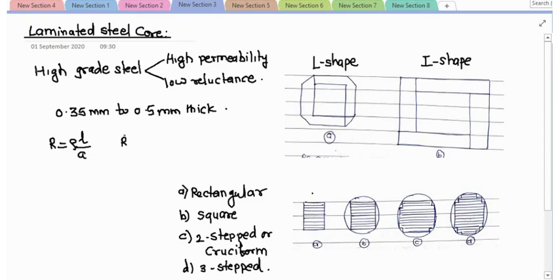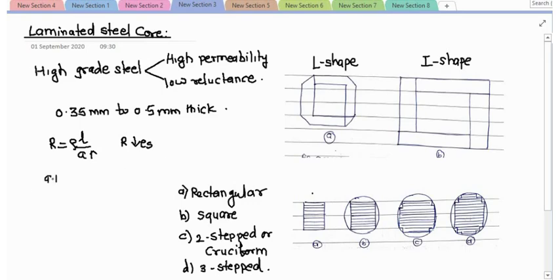So A increases means resistance will decrease. Means the opposition provided by your magnetic core to the flow of the eddy currents induced in the core will be reduced, and hence eddy current loss in the solid core will be more. When we are using the laminated steel core structure, we are reducing the area.